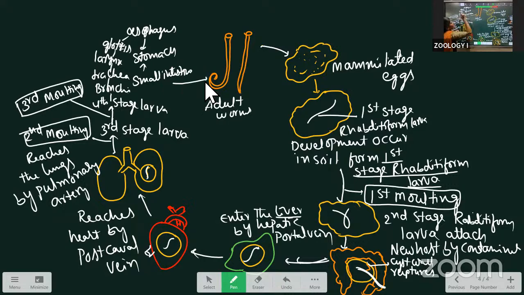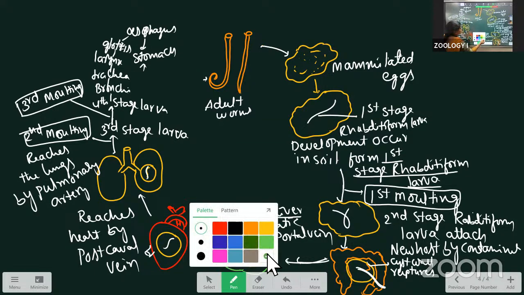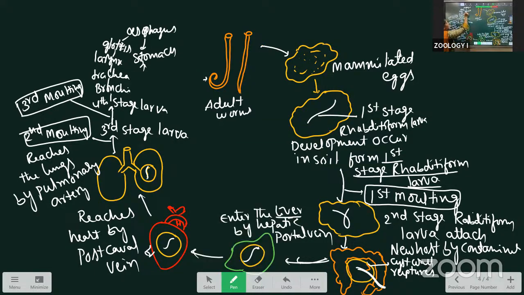In the small intestine, they undergo the last and final molting, which we call the fourth molting, and form the young ones.